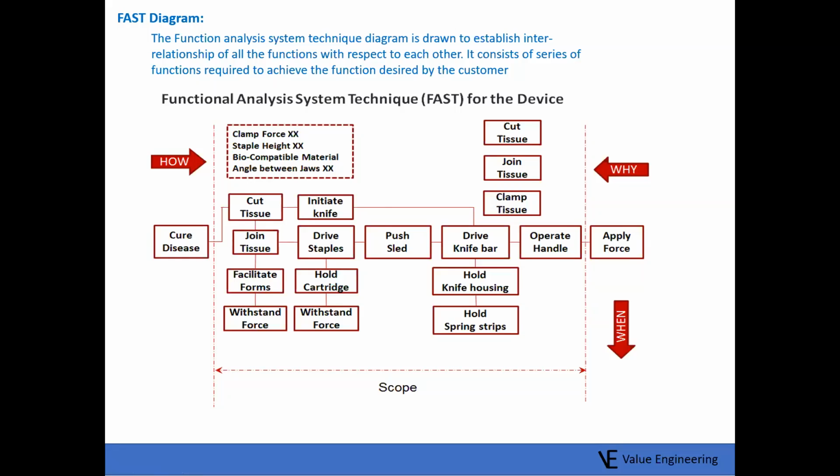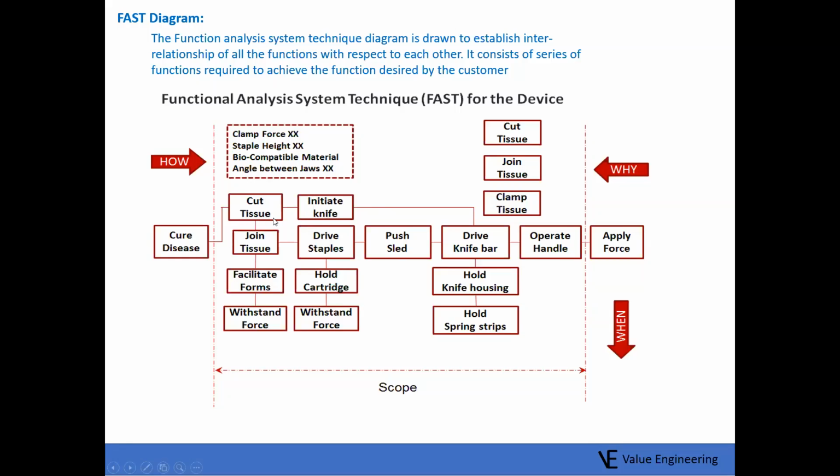The help of this FAST diagram is that we can understand what each component in the instrument will do. For cutting the tissue, we need a knife bar.